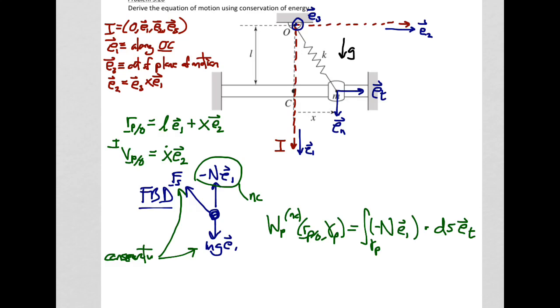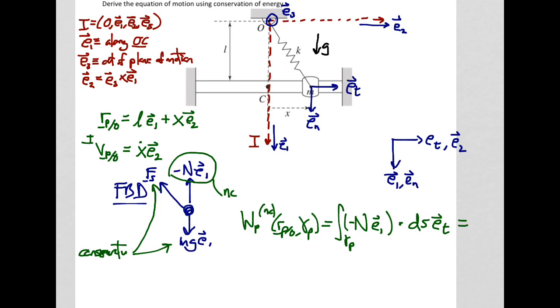But the most important thing to observe is that E1 is orthogonal to ET. If we move our vectors out here, E1 is also En, and here is ET as well as E2. This shows that En is orthogonal to ET, and if that's the case, then the work due to non-conservative forces is equal to 0. And as always, the work due to constraint forces is equal to 0.